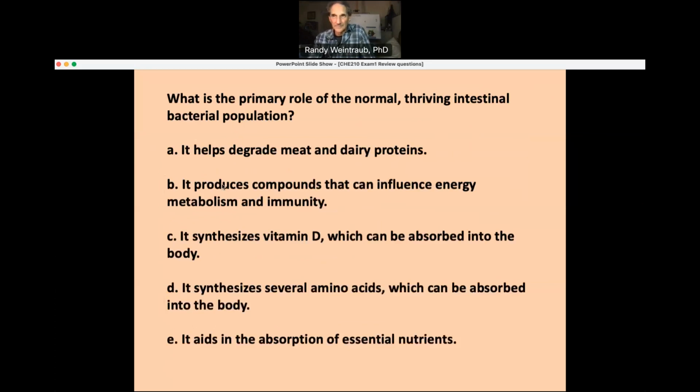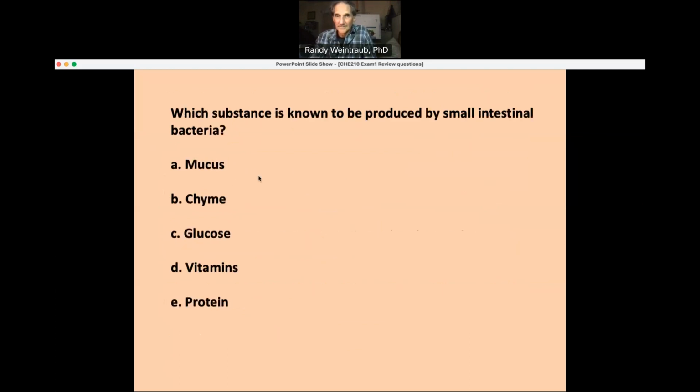Primary role of the normal thriving intestinal bacterial population. Which substance is known to be produced by intestinal bacteria? So you can rule out some of these.